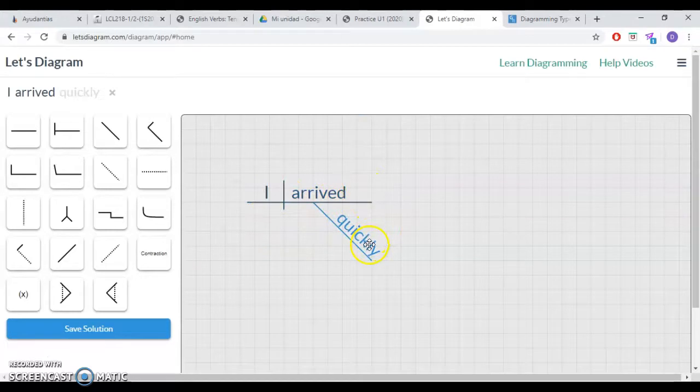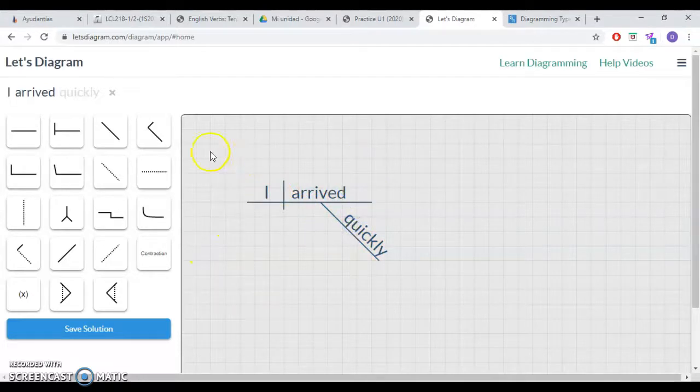But place, time, and mode, those three are the most common, okay? And they always go below the verb, okay? Unless they are modifying an adjective, they are always going to be placed below the verb, okay?